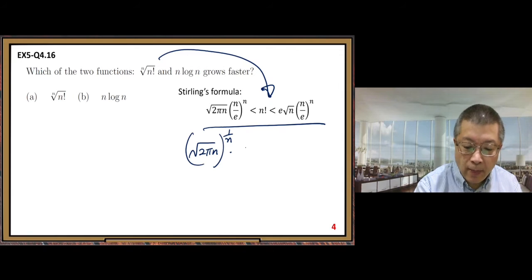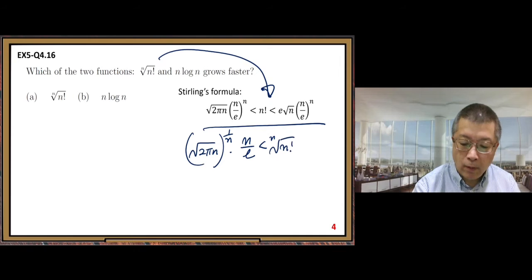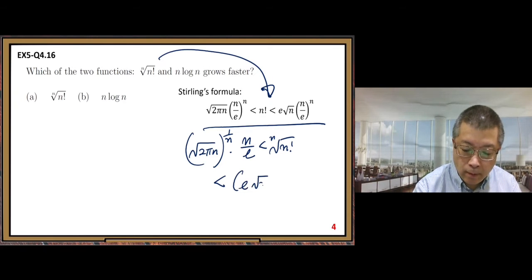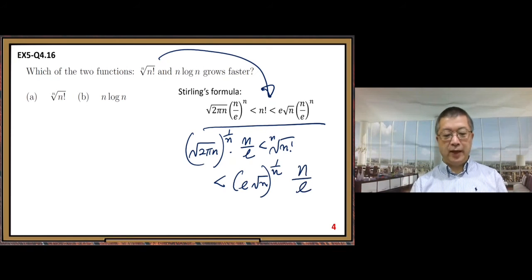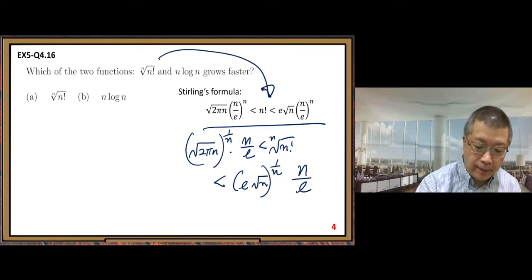The nth root of n over e is less than the nth root of the whole thing. Now let's take the limit.